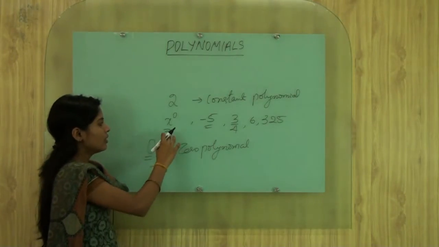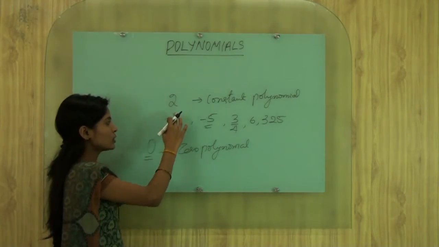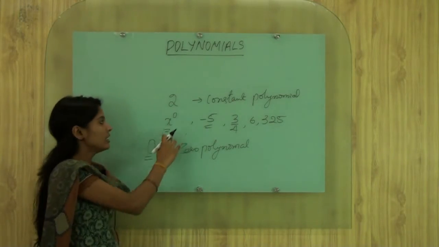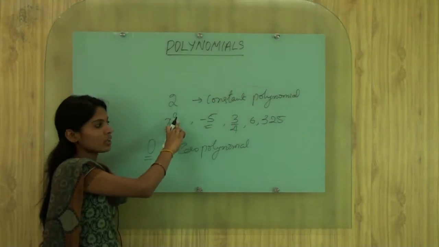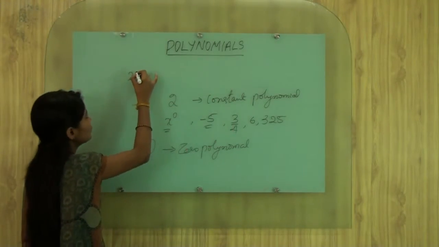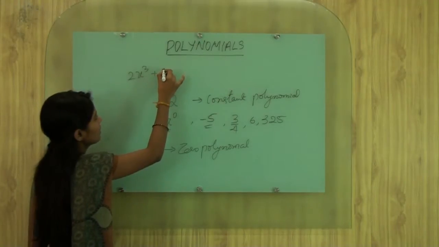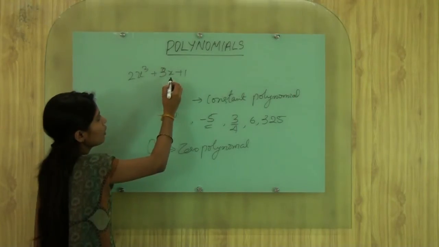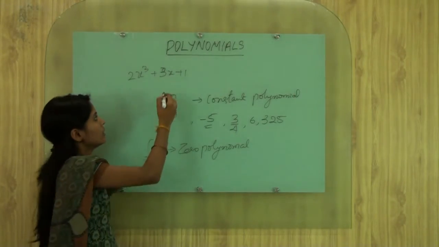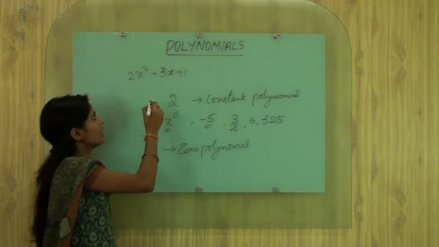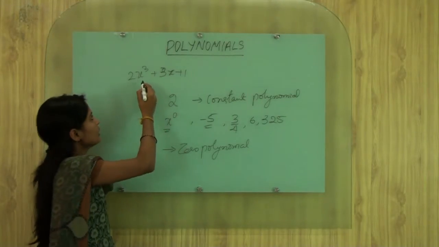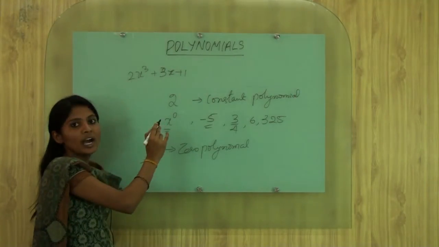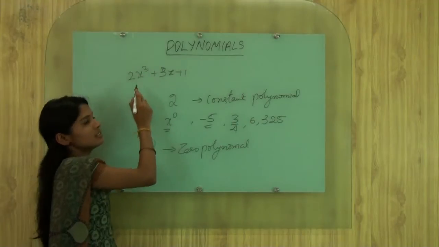Then we have told 2 is a coefficient of x to the power 0. Then what's the degree of this polynomial? This is of degree 0. And we have taken an example, 2x cube plus 3x plus 1. Here the degree is the power or the exponent of the variable. So the coefficient of x cube is 2 and the degree is 3.